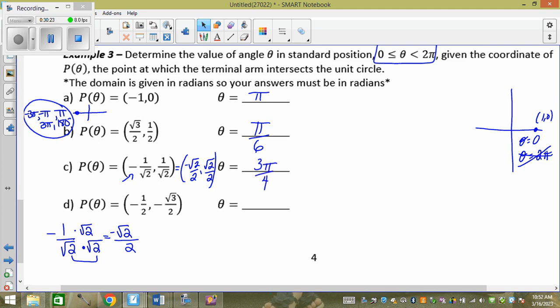And then this one is in quadrant 3 because they're both negative. Negative, negative is in quadrant 3. Negative a half and root 3 over 2 is a 60. So it's going to be 5 pi over 3. Yes? Oh, it's a 30. It's a 60. 4 pi over 3.